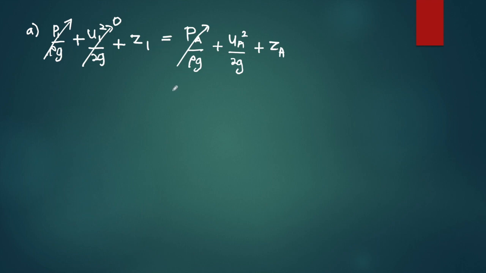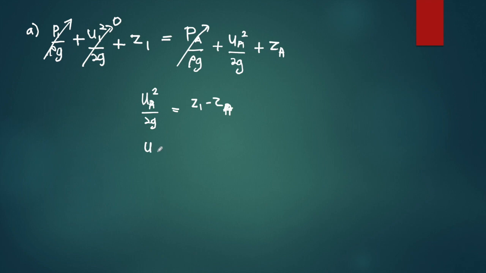So the equation becomes UA squared over 2g equal to Z1 minus ZA, not Z2, ZA.